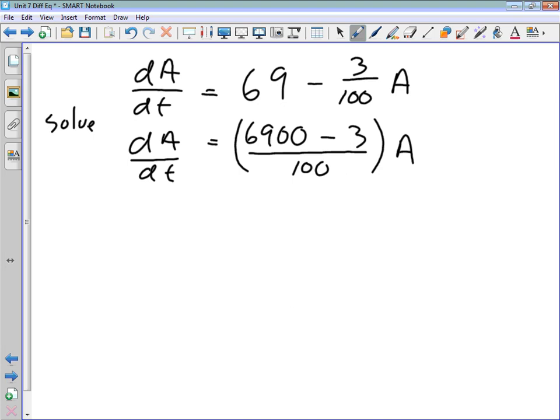So let's just rearrange this a little bit. Let's actually bring the A in here. So it's going to be, let's rewrite this a little bit as, that step isn't going to work, is it?